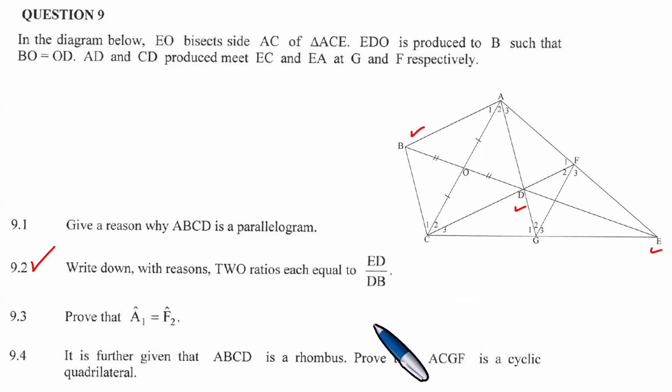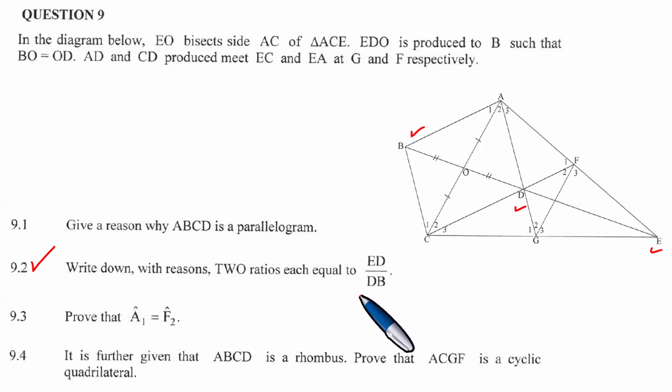So write down with reasons two ratios each equal to ED over DB.